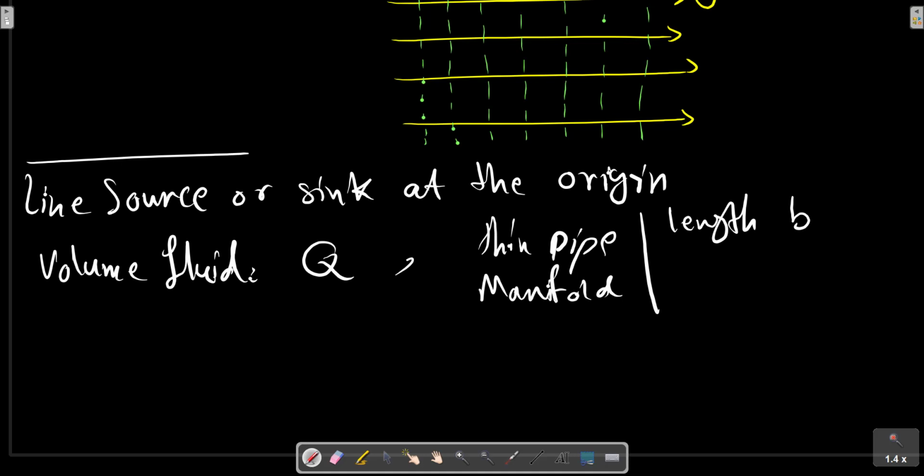Looking at the xy plane, we would see a cylindrical radial outflow or line source.